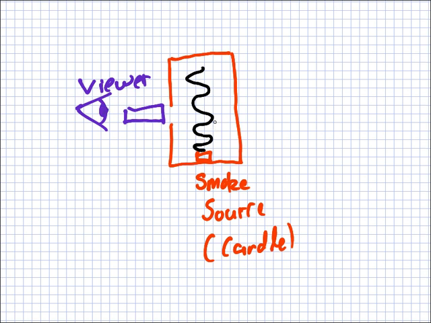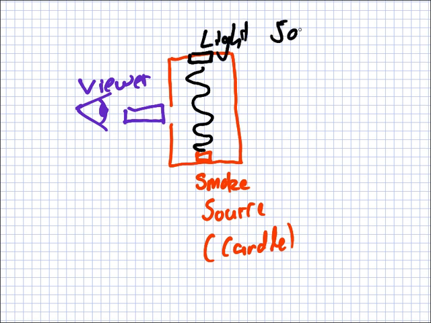No, I think the smoke is enough, but sometimes people use pollen, but I think the smoke's enough. And you'll also need a little bit of light as well, so we'll put our light source here.